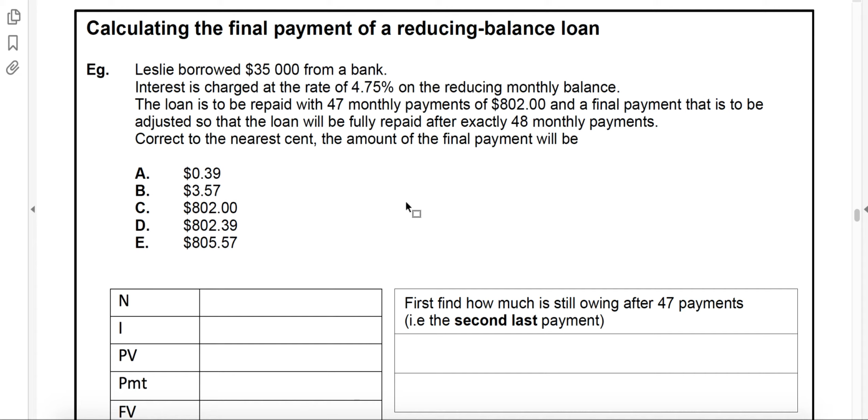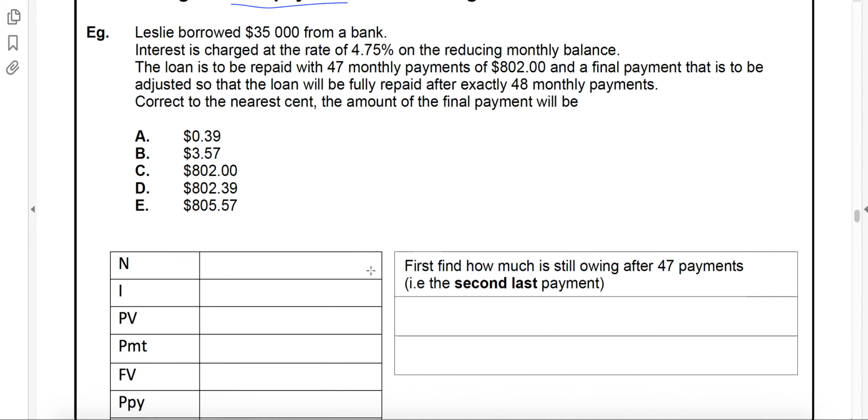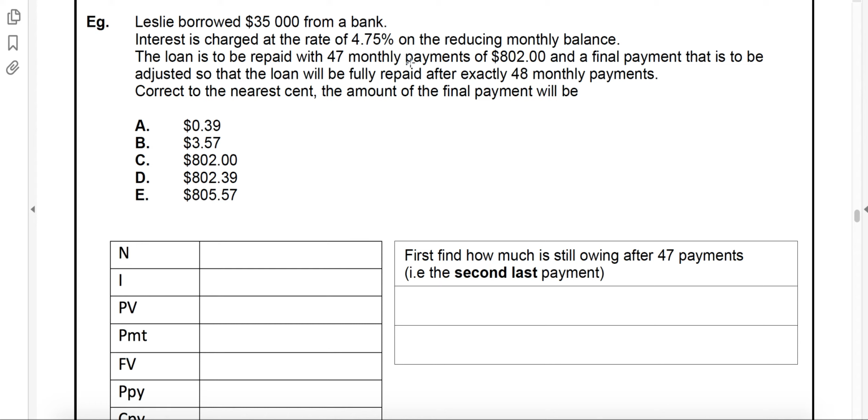And I'll try and make it as clear as possible what we do in terms of finding the final payment. So we've got Leslie, $35,000 was borrowed from the bank. Interest is charged, there it is there. 47 payments are going to be made, and then the last payment's going to be adjusted.